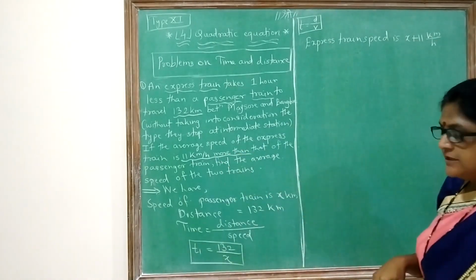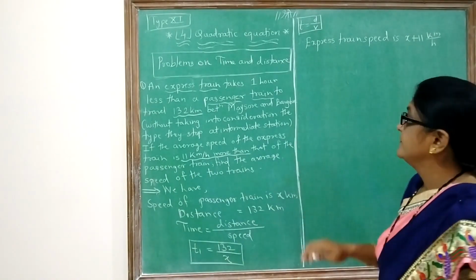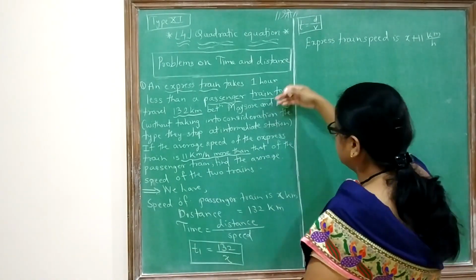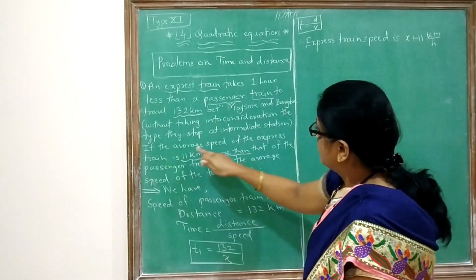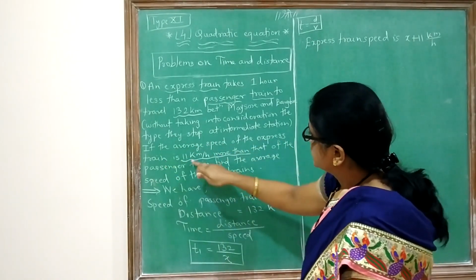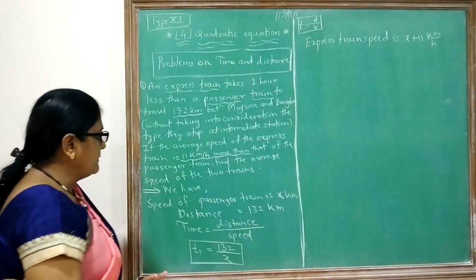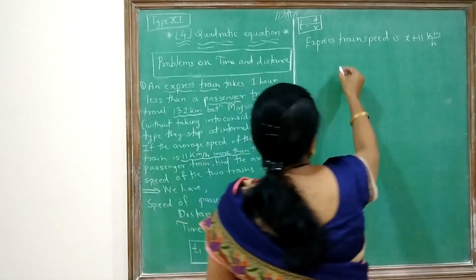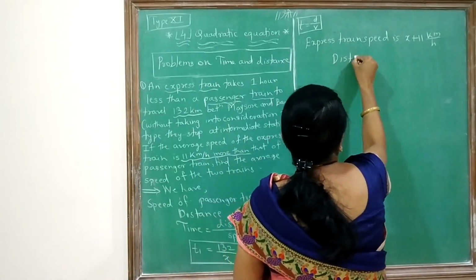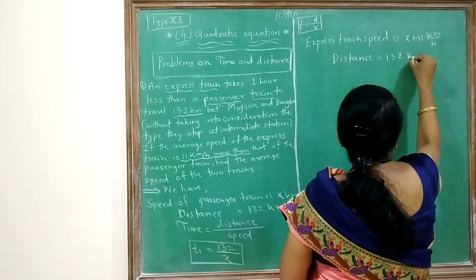The speed is x plus 11 km per hour, more than that of the passenger train, and the distance will be the same, that is 132 km.